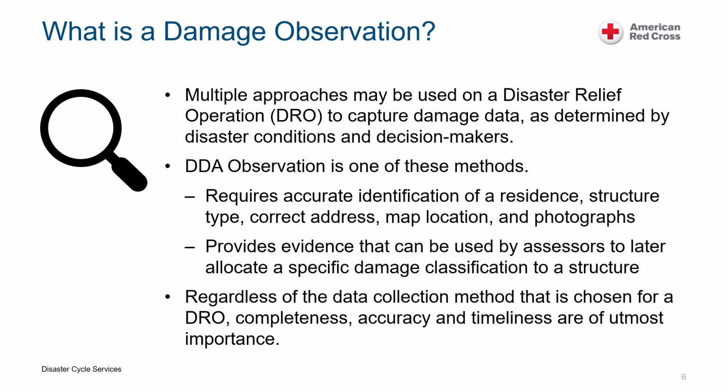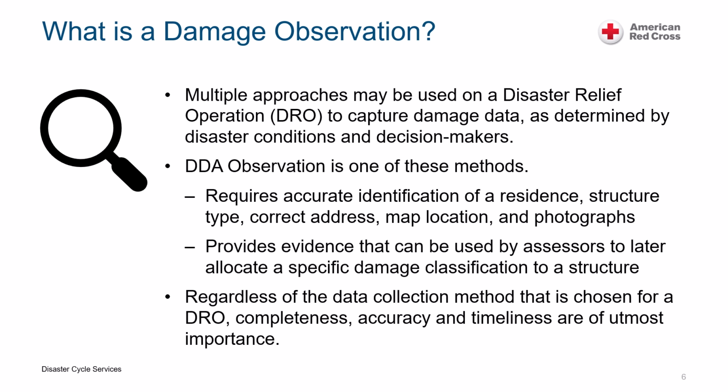Each disaster poses unique conditions and decision-making considerations. We may use one or more approaches on a disaster relief operation, or DRO, to capture damage data. Detailed Damage Assessment Observation, or DDA observation, is one of these methods.